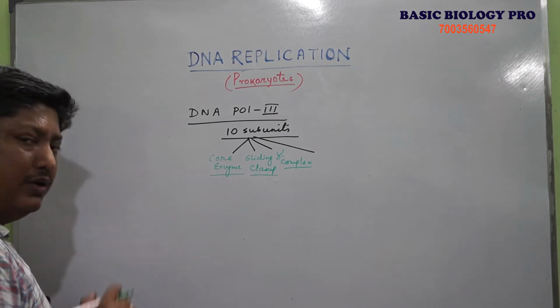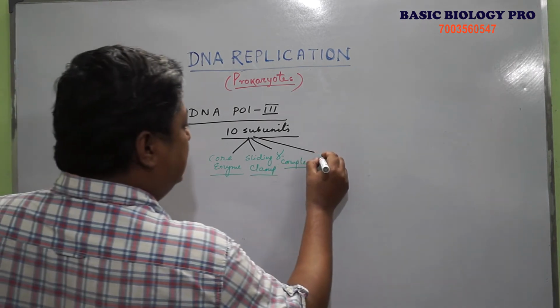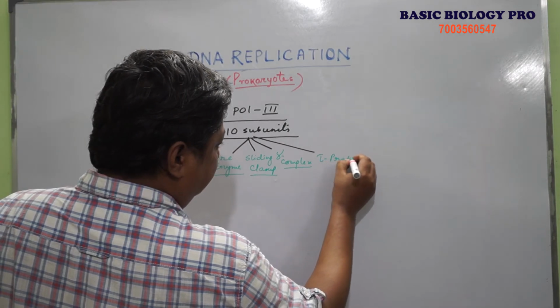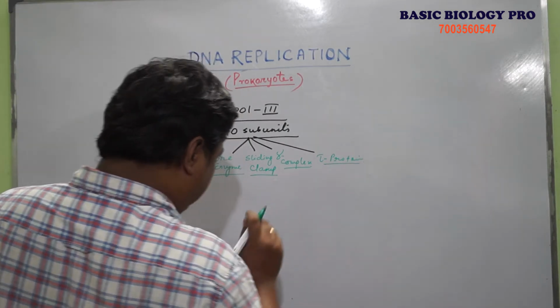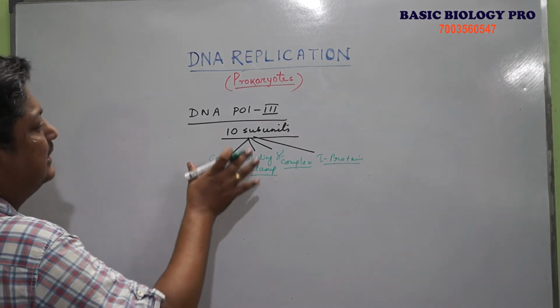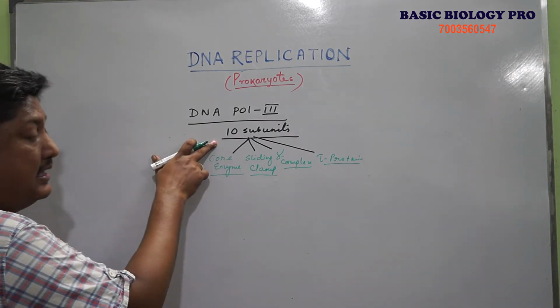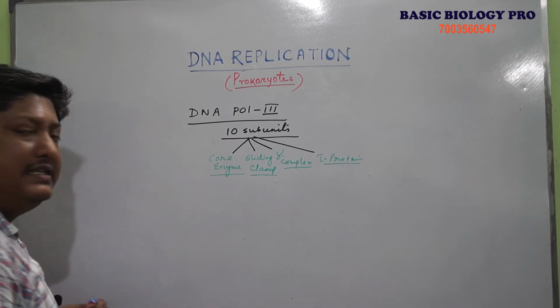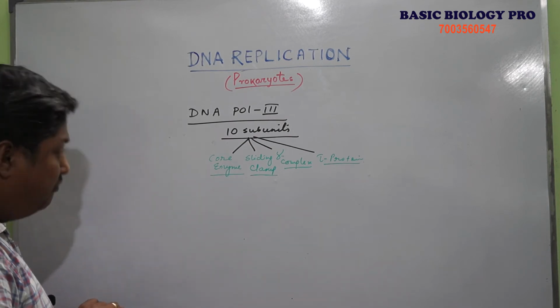And the fourth one is called tau protein. Now these 4 complexes together consist of 10 subunits and have multiple functions of this DNA polymerase 3. Now let us elaborate.